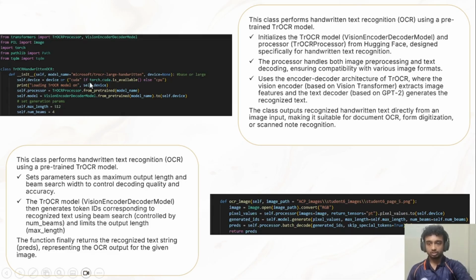This code is a bit pipeline based, so the only thing we need to change is the model name, and we can write any available model and it would work, right? Here, as you can see, we have the Microsoft TrOCR large handwritten model. This TrOCR model is also called a vision encoder decoder model, as I explained in the previous slide.